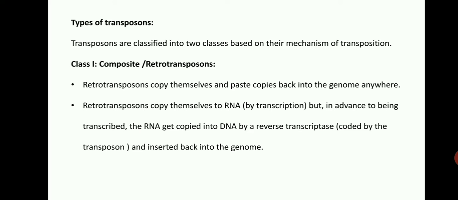This is a type of transposable genetic element found in eukaryotic genomes that utilizes RNA as an intermediate and the enzyme reverse transcriptase to transpose themselves. So this reverse transcription of an RNA transcript of the transposon produces a DNA copy that subsequently inserts into the genome to effect transposition. These retrotransposons may be degenerate retroviruses that we'll see later in detail.